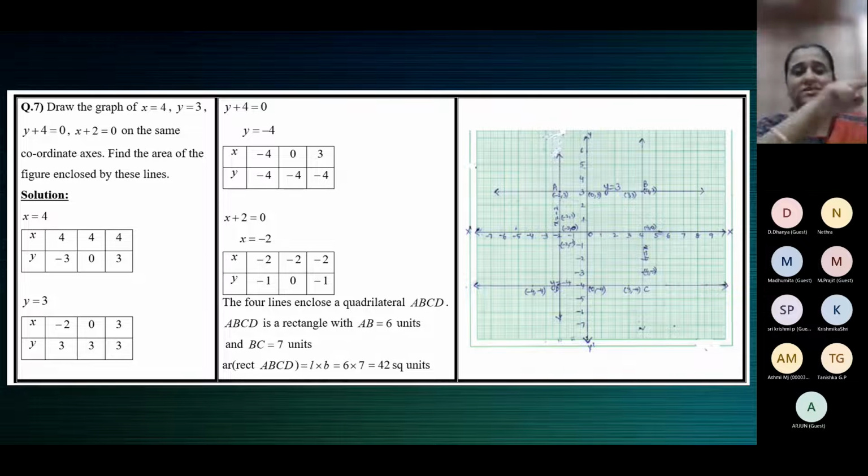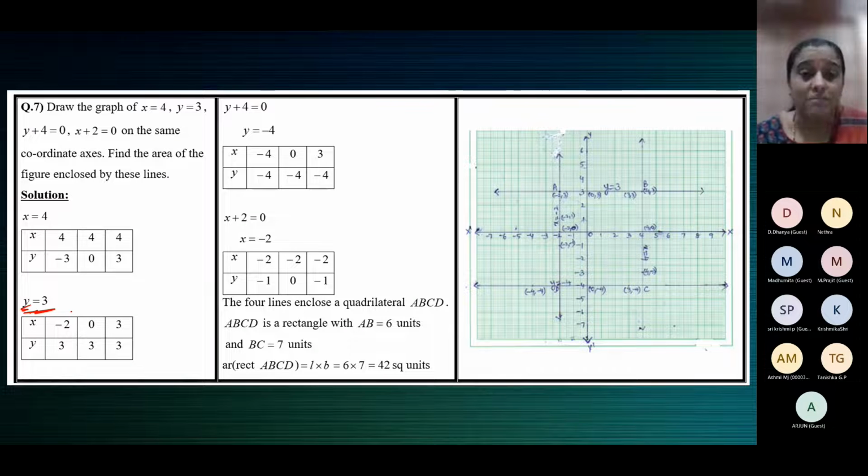Now, when it's parallel to the x-axis, the line can be above or below the x-axis. If it's positive, above. If it's negative, below. So y is equal to 3. Y is equal to means it's parallel to the x-axis.